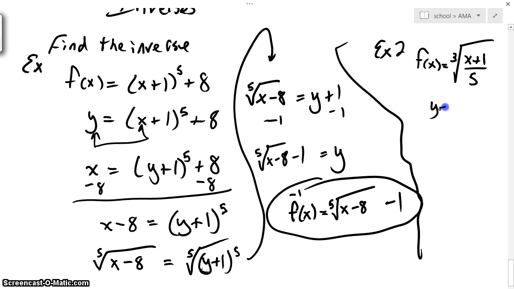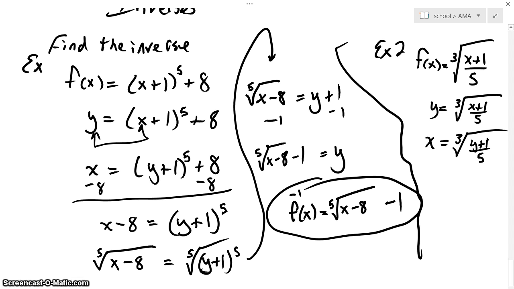And once again, what we start by doing is writing f of x as a y. You might remember what we did starting this off then. We switch x and y. Where we have a y, we write that as an x. Where we had an x, we replace that with a y. And then we need to solve for our new y.